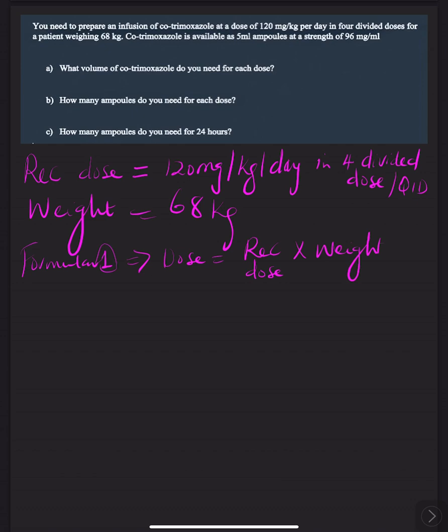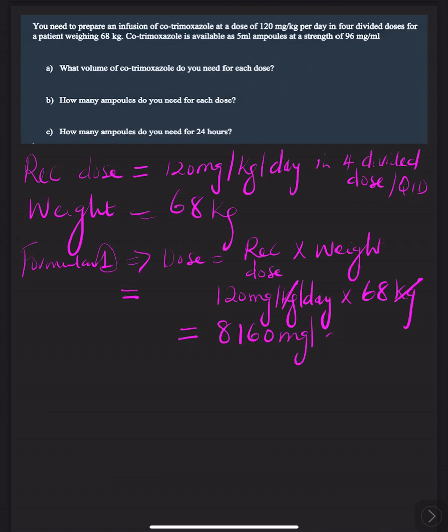So the next step is to say 120 mg per kg per day times 68 kg. Because we got kilos here, this can cancel this. And if you do your numbers with your calculators, this should give you 8,160 mg per day.